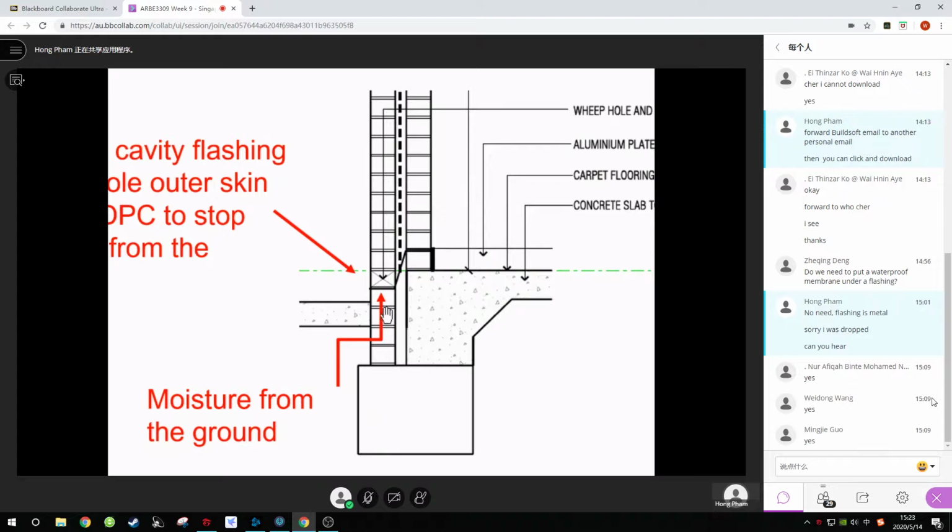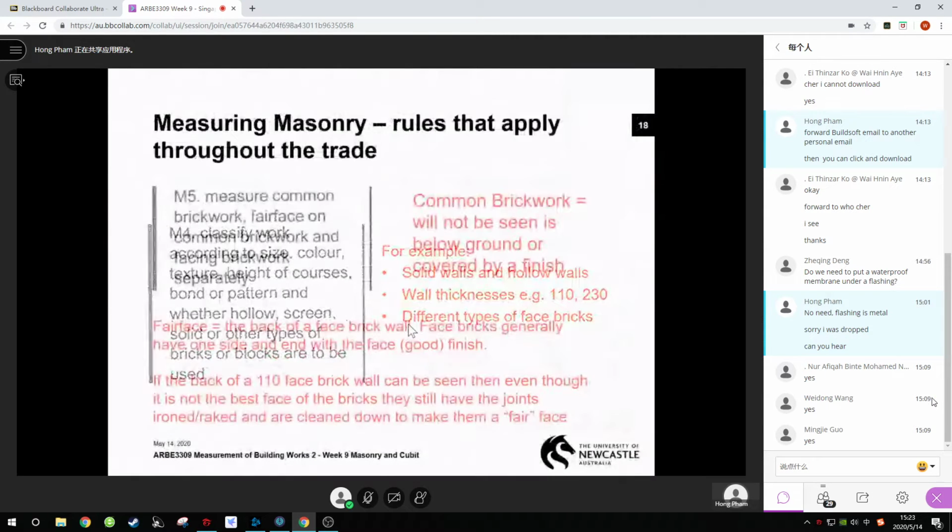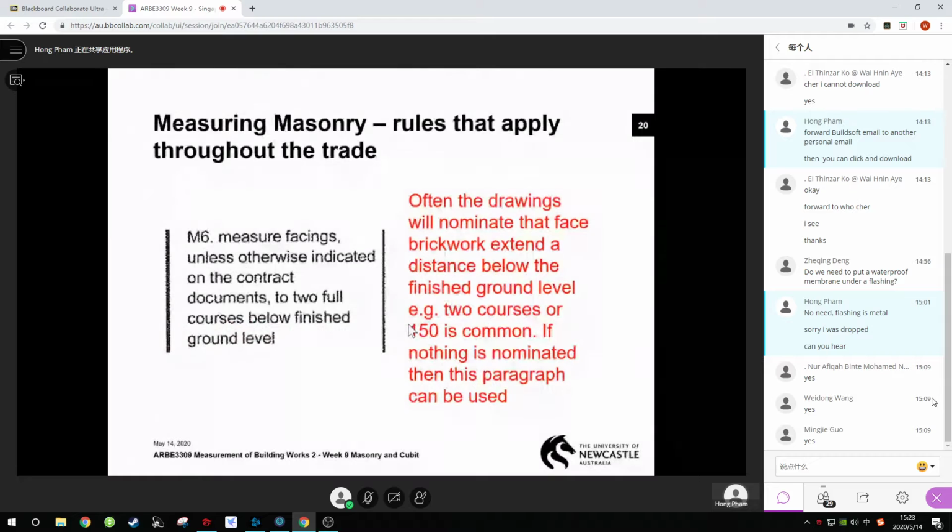So basically you can just measure up to 2 courses down from the ground level, unless the document stated otherwise. But I think this is quite trivial. I say nowadays, because nobody will buy one pack of common brick just to lay a few courses, they will just run the facing brick down all the way to the footing.